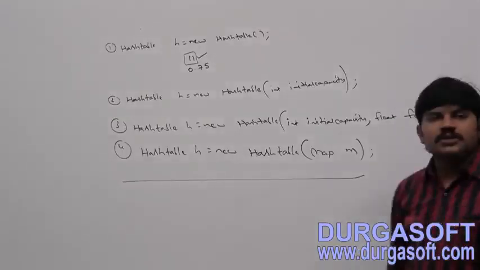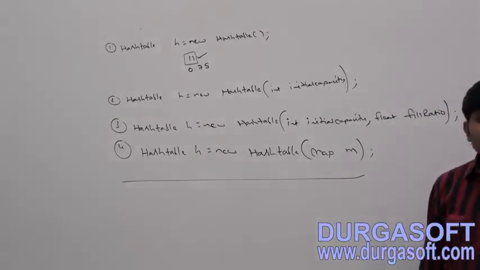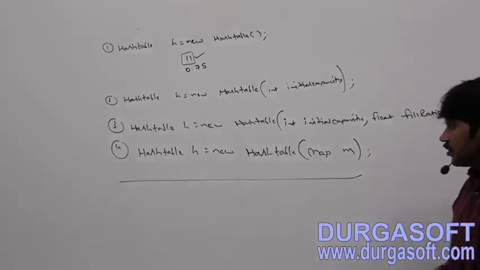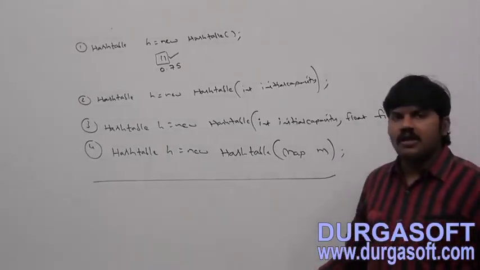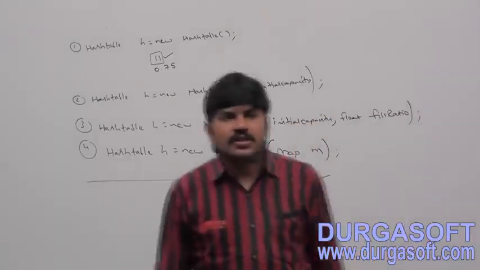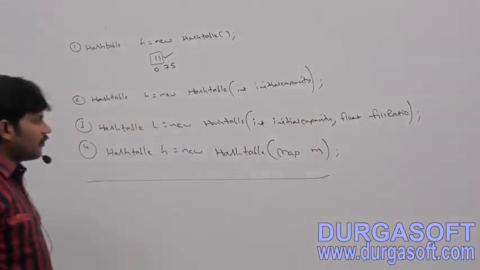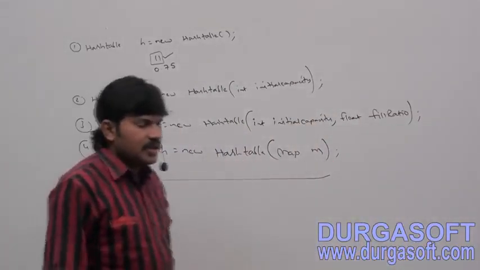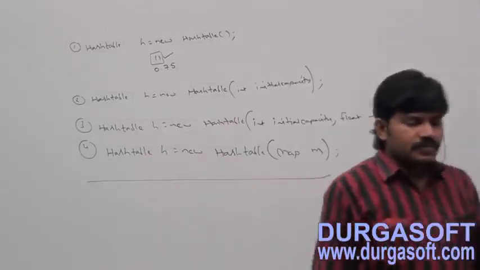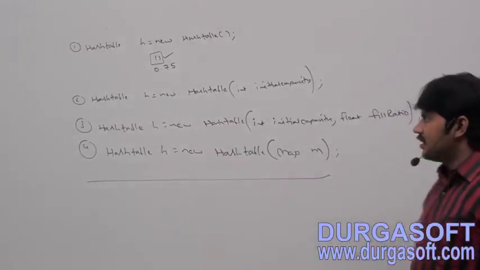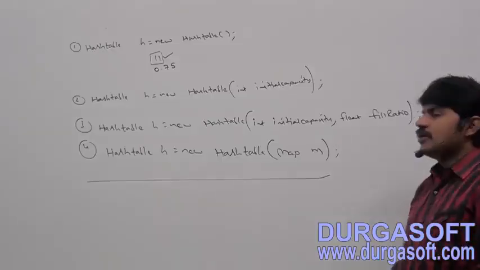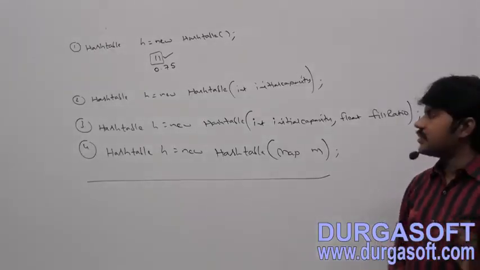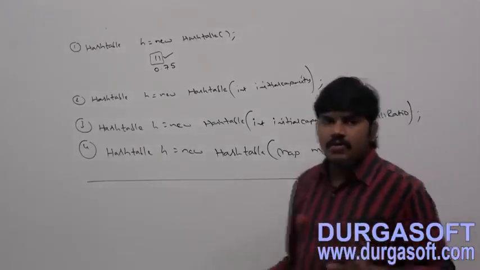Next, hash table h is equal to new hash table of map m, intra conversion between map objects. That's all. These are the 4 constructors we have related to hash table, right?